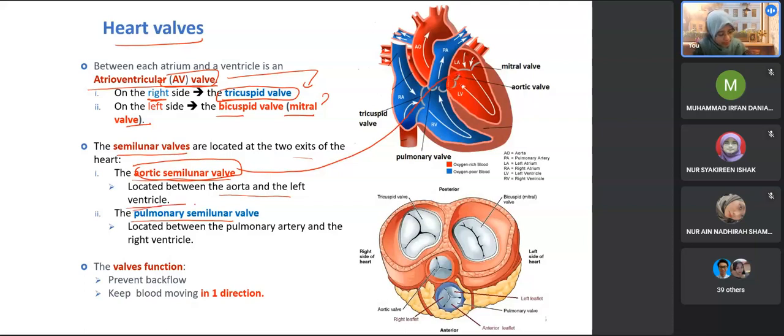Okay, so kalau pulmonary semilunar valve, it is here. Yang saya bulatkan tu. So it is between the right ventricle and the pulmonary artery. So this is pulmonary artery lah.